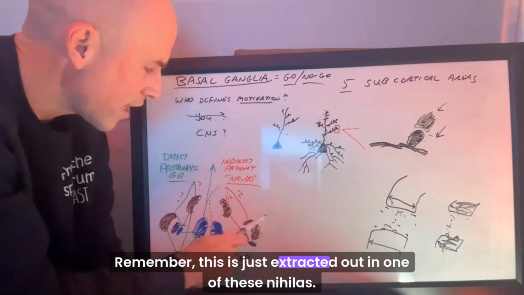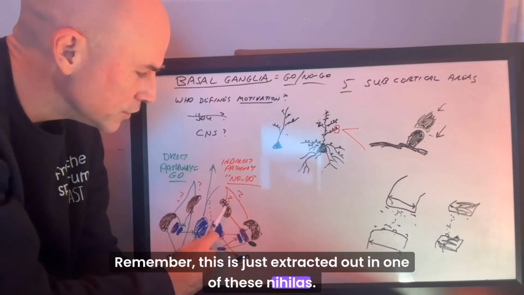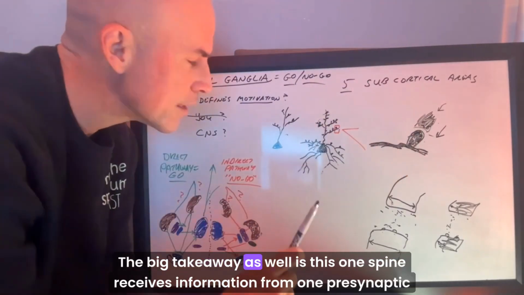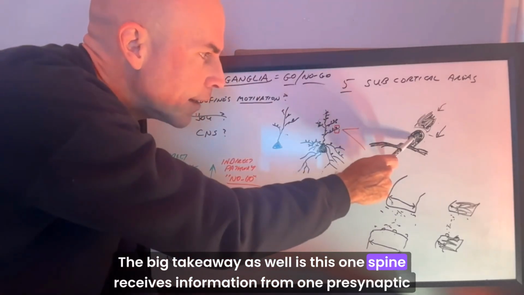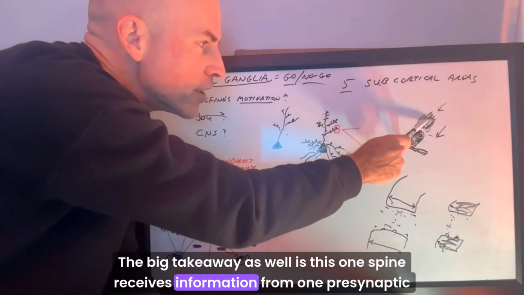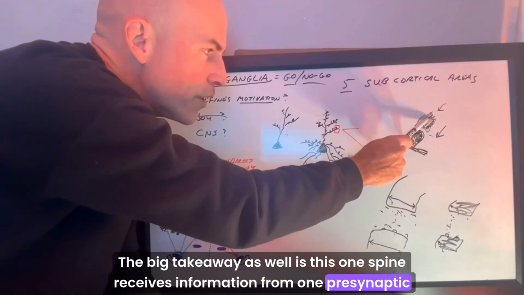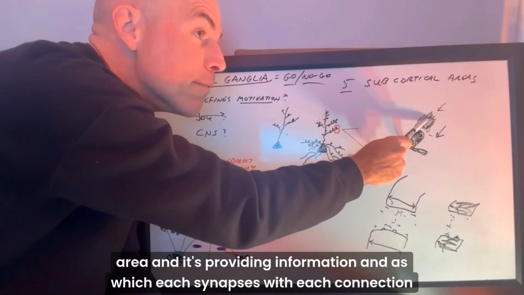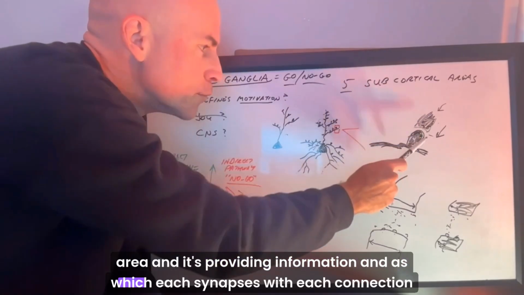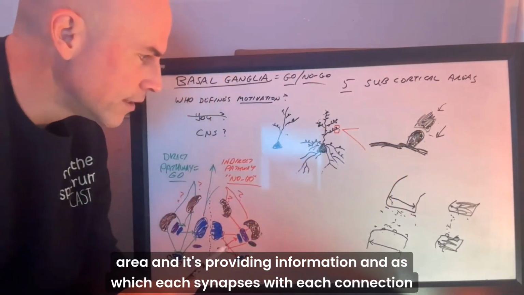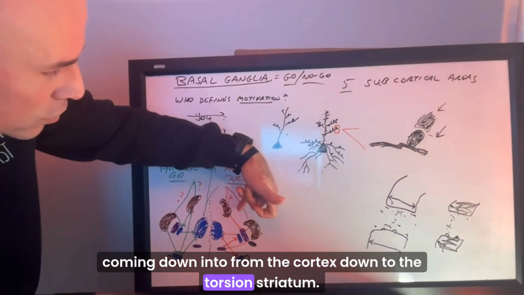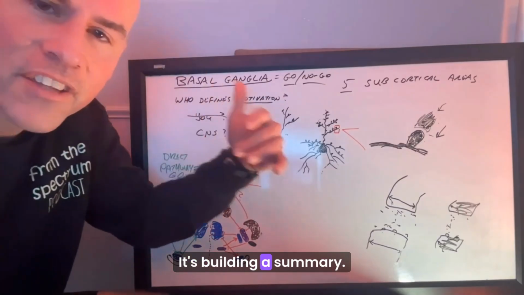Remember, this is just extracted out in one of these nuclei, and then the connections happen. The big takeaway as well is this one spine receives information from one presynaptic area, and that's providing information, and with each synapse, with each connection coming down from the cortex to the dorsal striatum, it's building a summary.